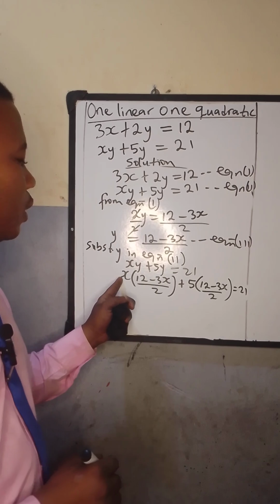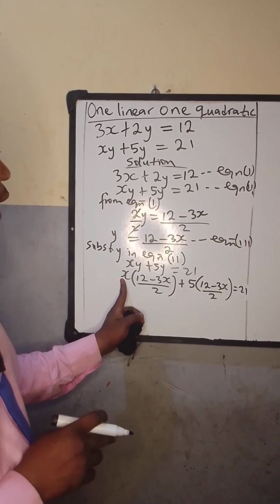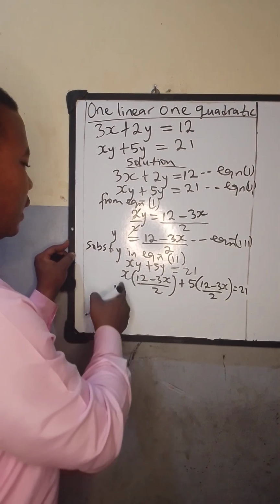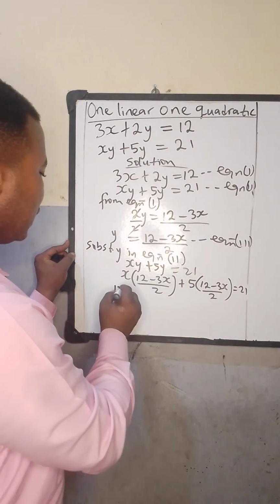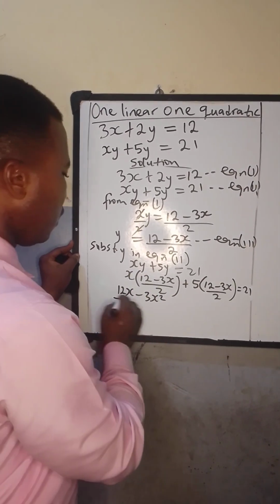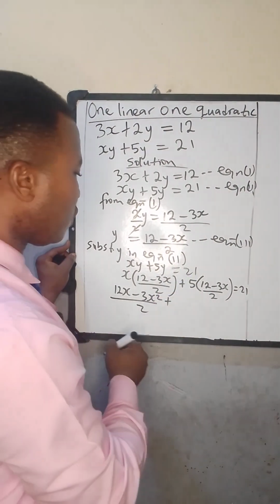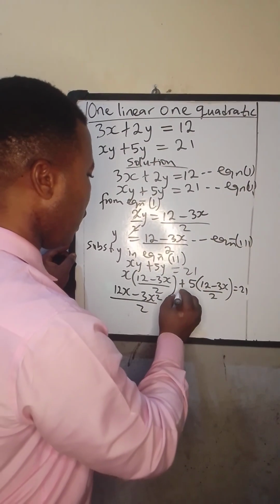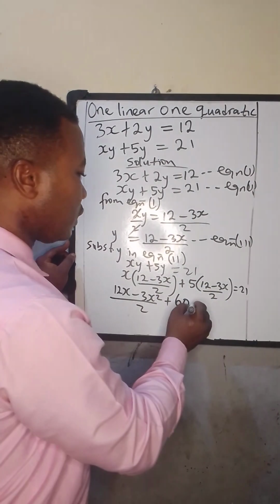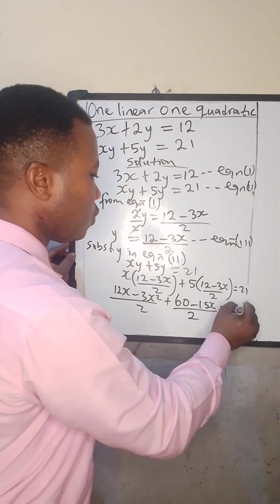Now we try to open this bracket. X times 12 is giving us 12x, and x times minus 3x is giving us minus 3x squared, all over 2. The same here, plus 5 times 12 is 60, and 5 times minus 3x is minus 15x, all over 2, is equal to 21.